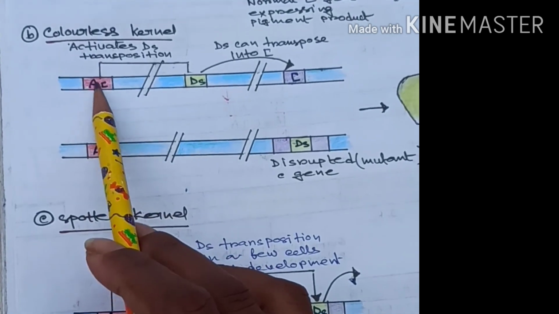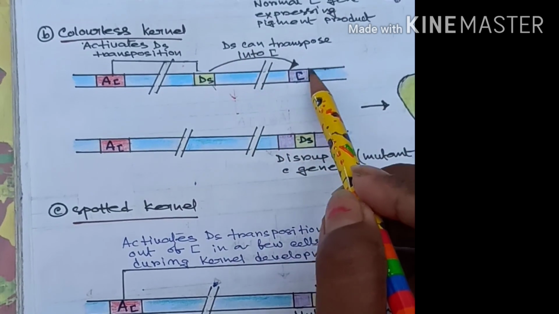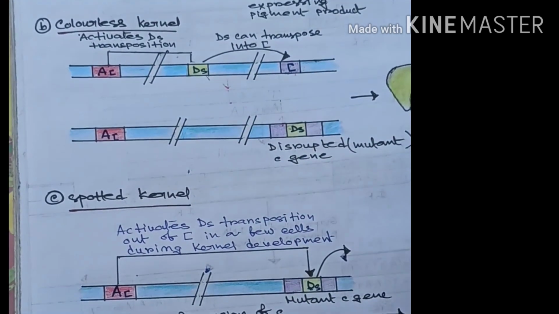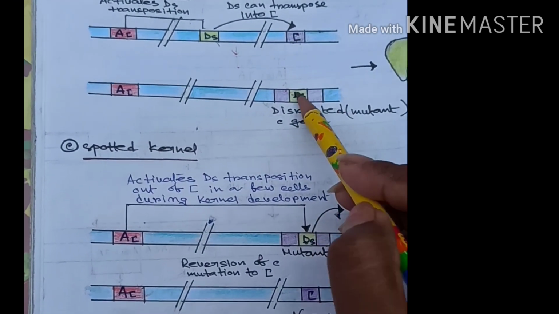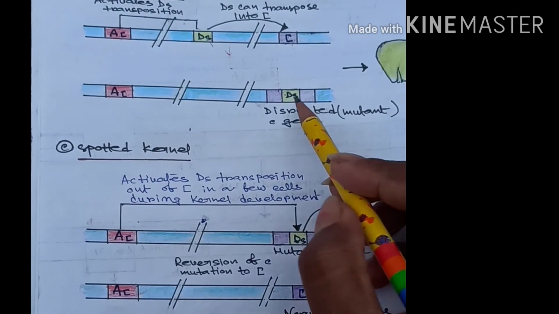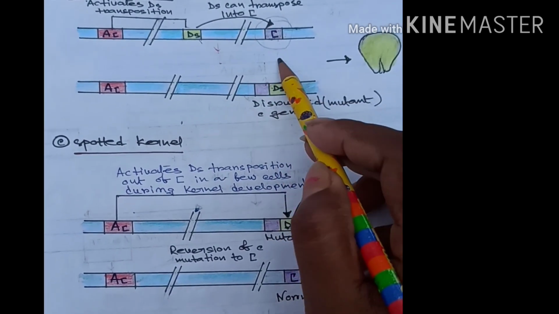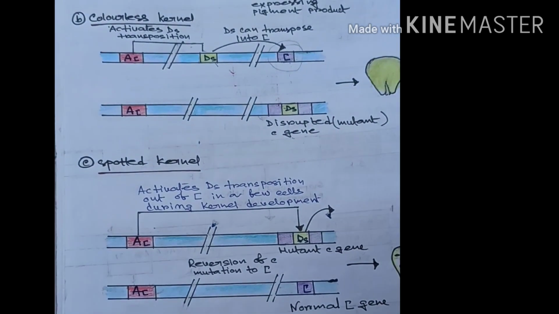In the presence of AC, DS can transpose within the gene C. So the capital C can be mutated into small c, and the function of that gene is disrupted. So the kernel is colorless.